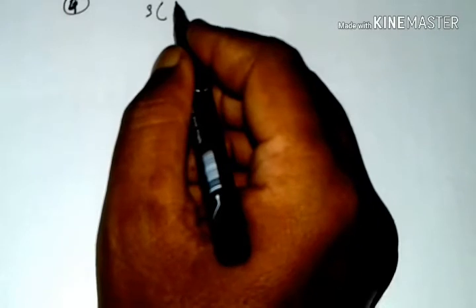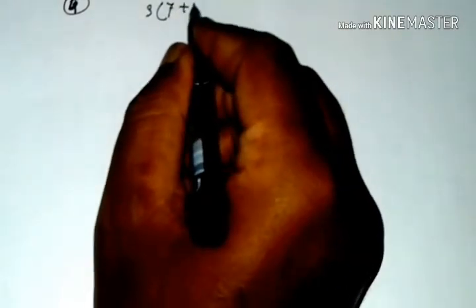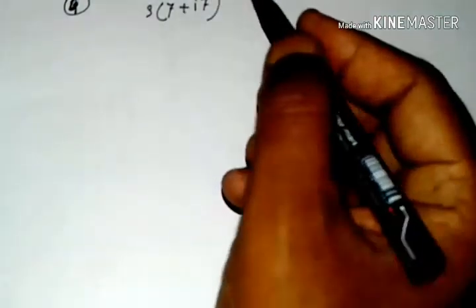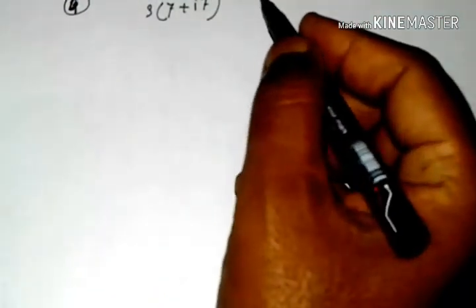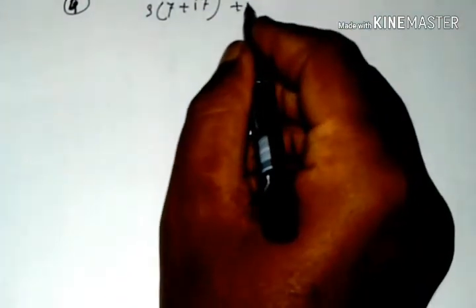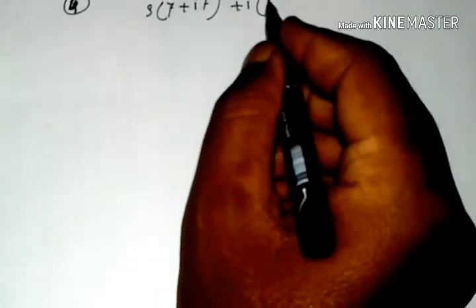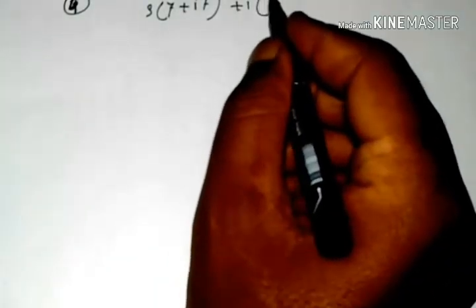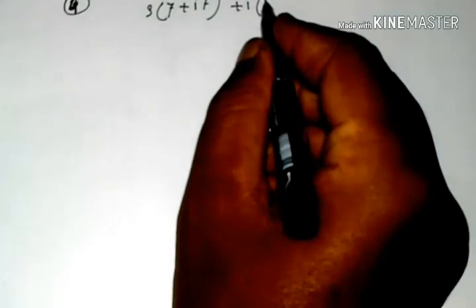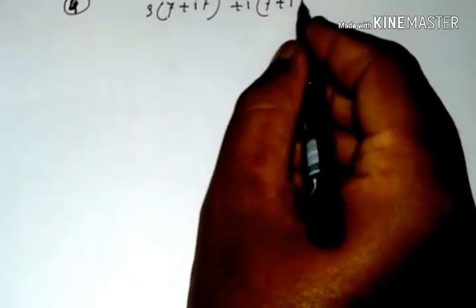Therefore next, question number 4, I have to discuss: 3i into 7 plus i7, plus i into 7 plus i7.